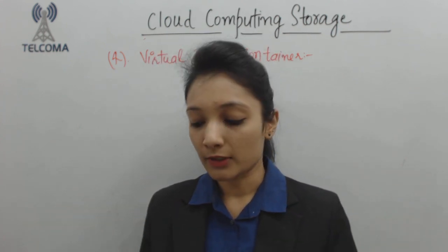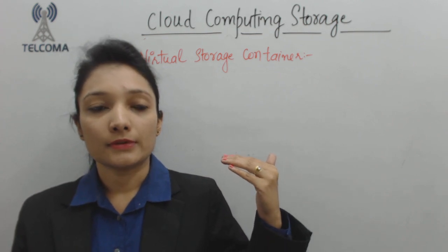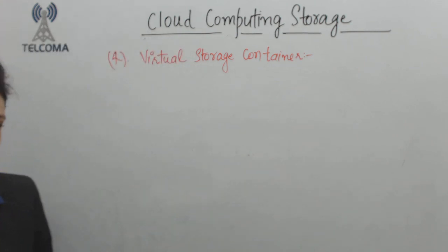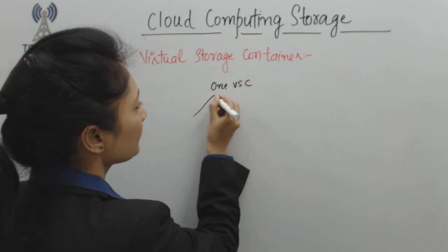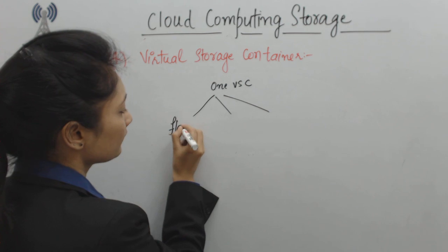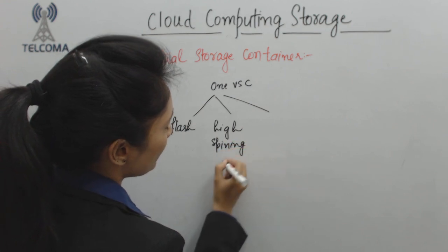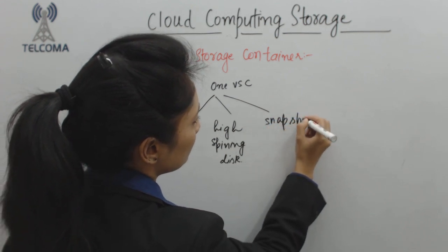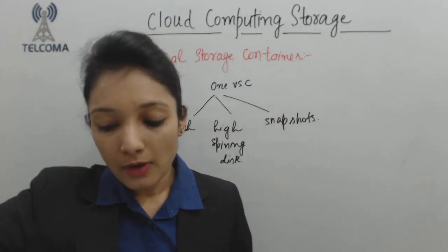Or for example, you have another department, so it will have a certain amount of that storage for flash, some of the storage amount for high spinning disk, and some of the storage will have the ability to take snapshots, etc. So you can partition out certain amounts for different tasks, depending upon the organizational needs, you can carve out that amount here.